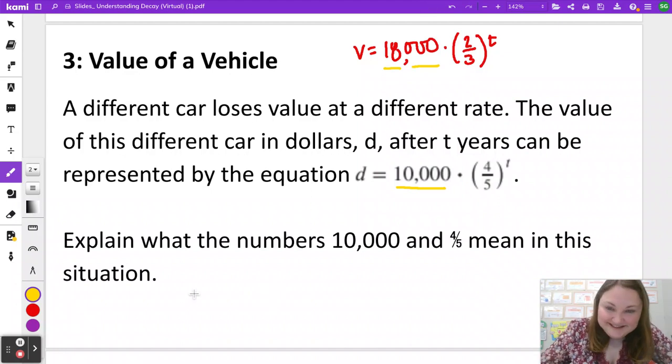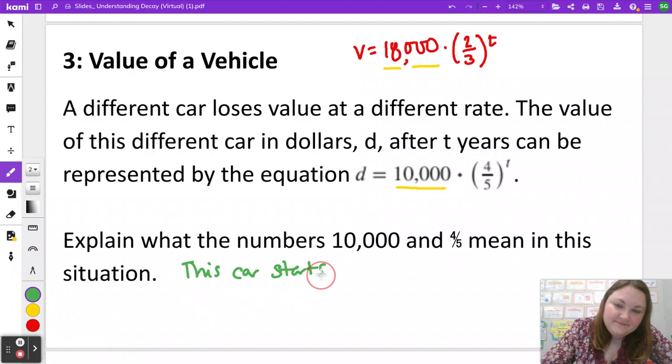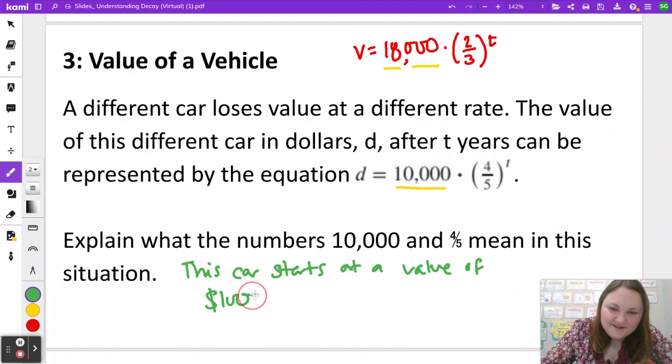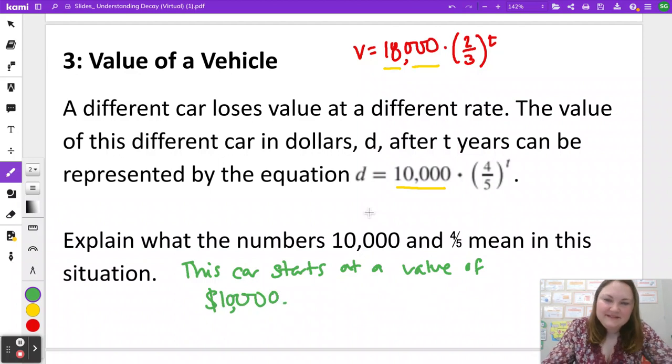That number is telling you where it starts. So specifically here, it's telling me the starting value of the car. So I could say this car starts at a value of $10,000. That is what that 10,000 in the equation means.